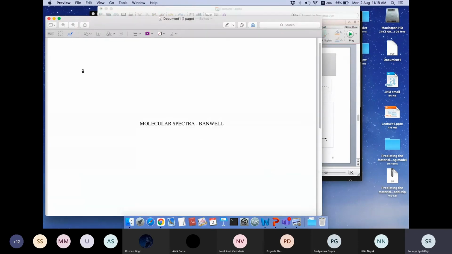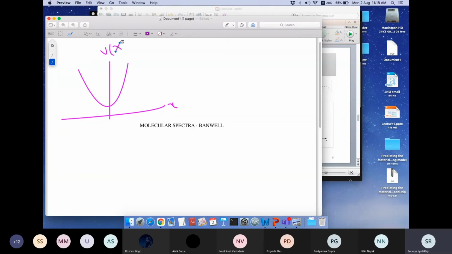Okay, so let's say I have a potential like this. My handwriting is not very good, but let's say this is my x, and this is my V(x).